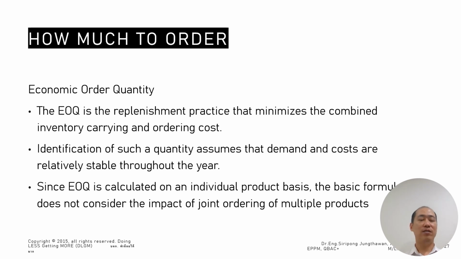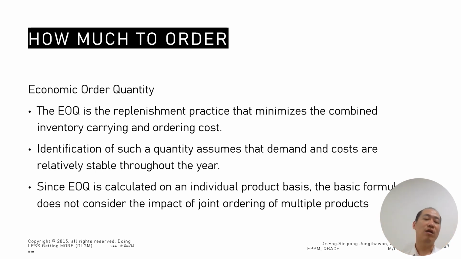This is a replenishment practice that minimizes the cost that combines inventory carrying cost and order cost. You can imagine when you order a high volume, the order time is one. If you order small quantities, you have to order more times, so we fit the ideas together to find the point where inventory carrying cost and order cost are equal.